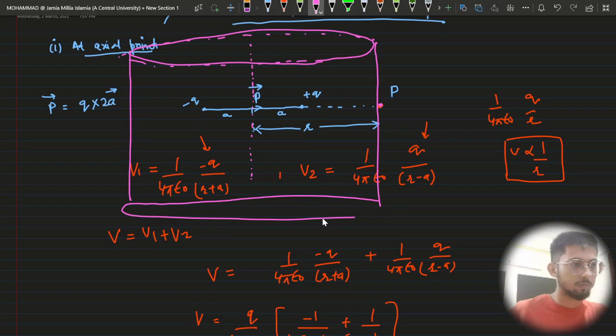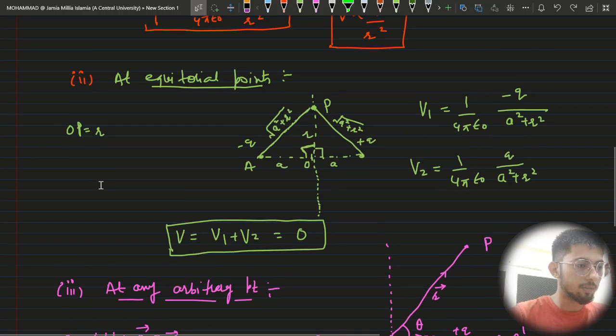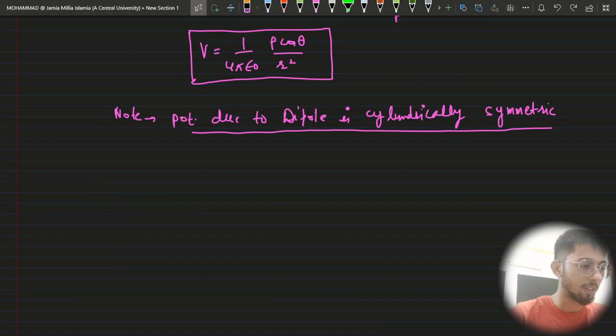This point is on the surface of the cylinder, right? Now if you rotate this point along the surface of this cylinder, along the axial line, the potential will not change. That's what it means by cylindrically symmetric.